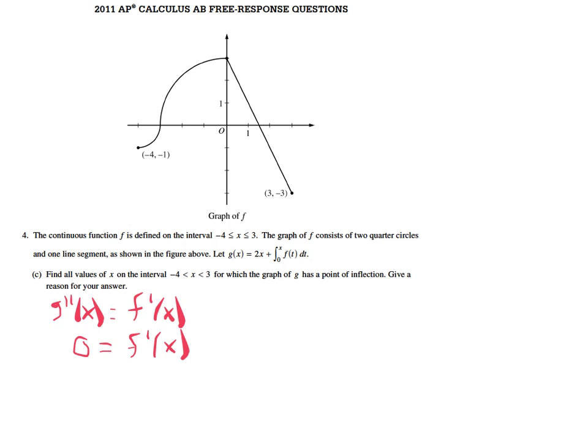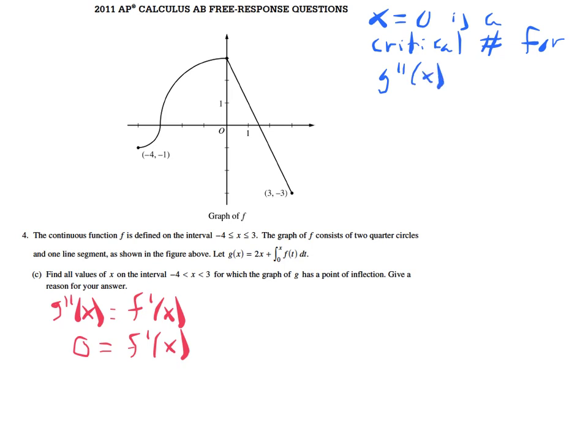So let's write that down. x equals 0 is a critical number for the second derivative, g double prime of x.